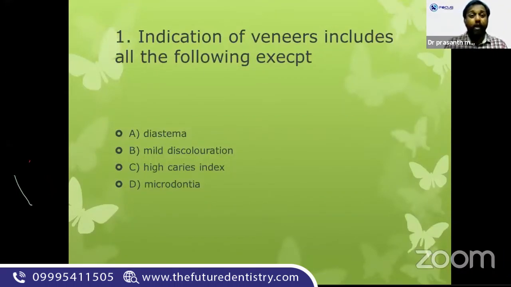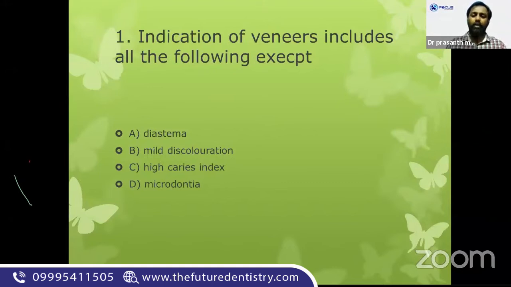Indication for veneers include all the following except: A. Diastema, B. Mild discoloration, C. High caries index, D. Microdontia. Diastema, yes, is an indication for veneers. Up to 3 mm of diastema can be closed with veneers. Mild or severe discoloration, any color or amount of discoloration can be masked with veneers.